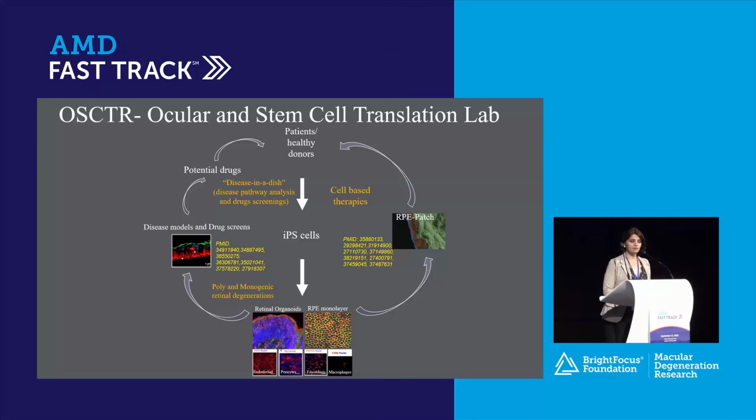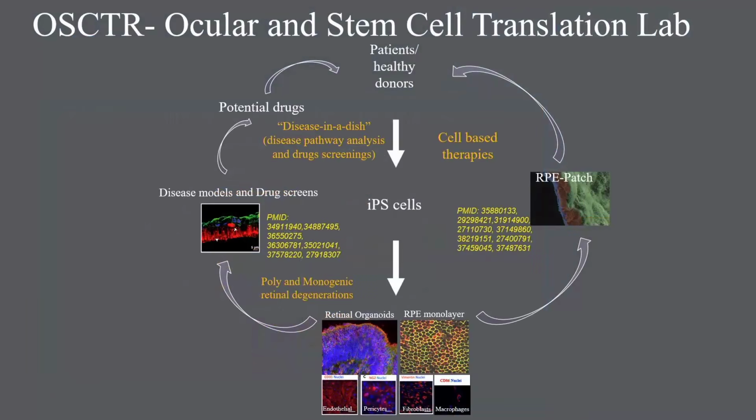Our lab is very focused on stem cells. We work on iPSCs, which are induced pluripotent stem cells. And I thought I can use our lab journey and our lab work to tell you how you can use this iPSC technology to study different diseases in a dish, and also for potential drug screens. You can also use this tissue for cell-based therapies, which I will not be talking about today.